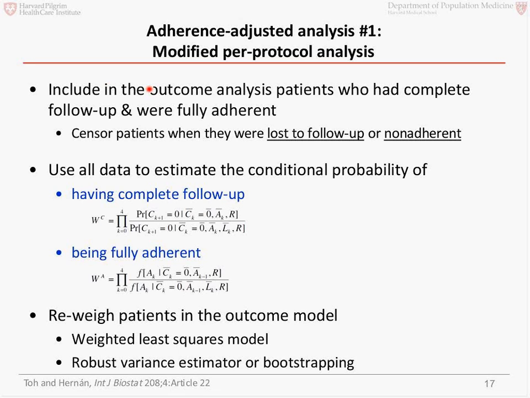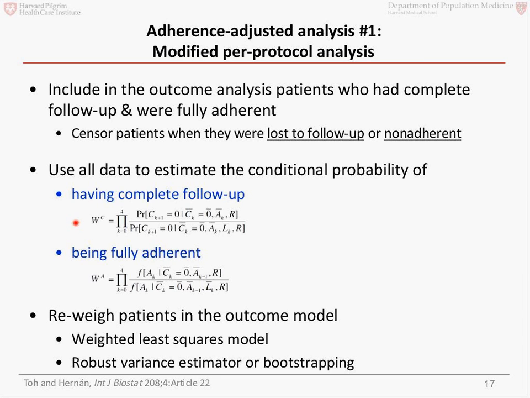We use IPW to adjust for potential selection bias. So in this analysis, we will censor patients when they were lost to follow-up or when they became non-adherent to their assigned treatment. And we then use IPW to adjust for these two sources of censoring.